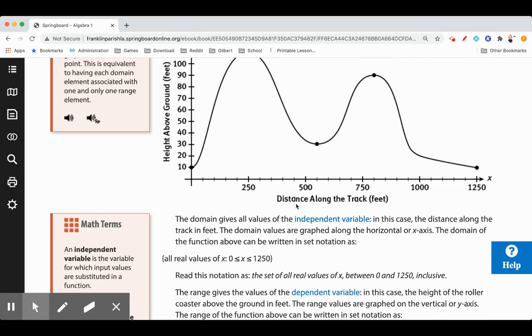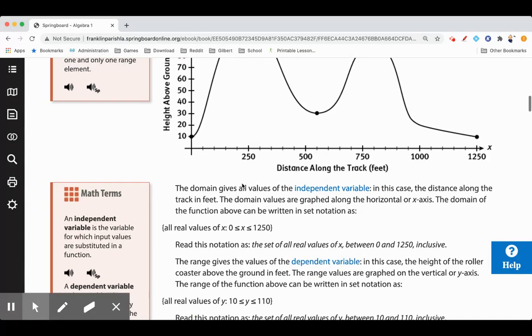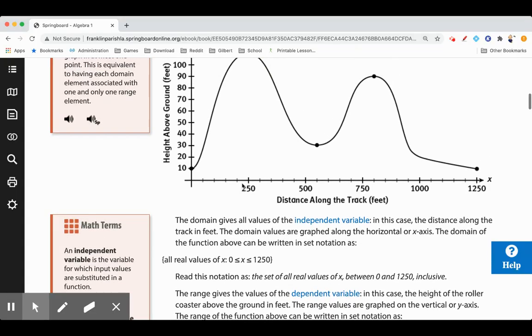Basically, it's the variables that do not change. The track distance is always going to be 10 feet, 100 feet, 250 feet. That track is laid down, it's stable. It's independent of what we do. Our experiment is not going to be changing the track when we get our data.